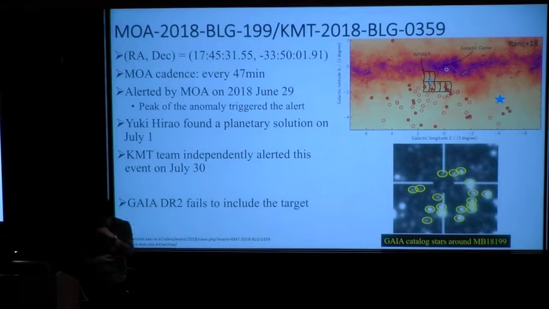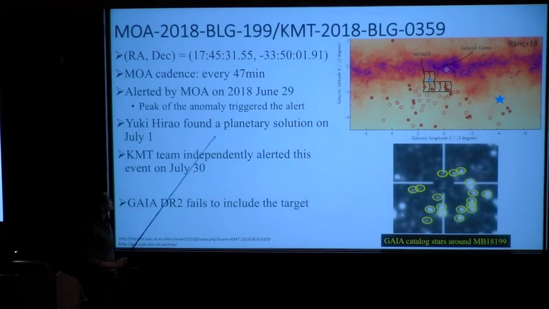This field is one of the ordinary optical microlensing survey fields, and so it's far from the expected WFIRST microlensing survey field. This field is more like GB1, which is observed every 47 minutes. So we have a lot more data for this event.